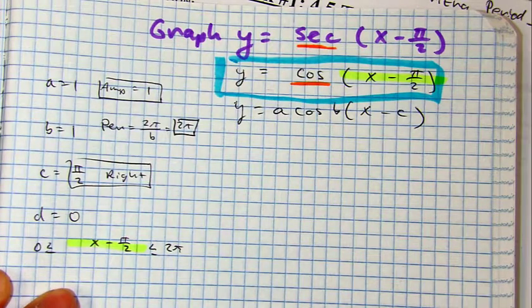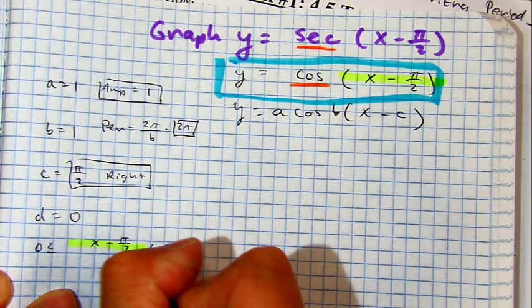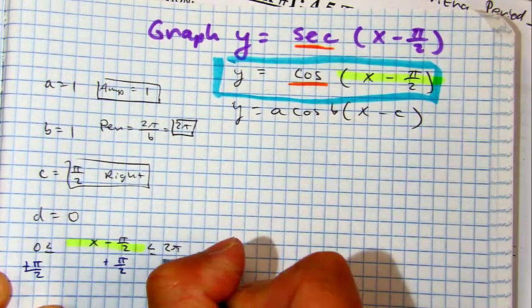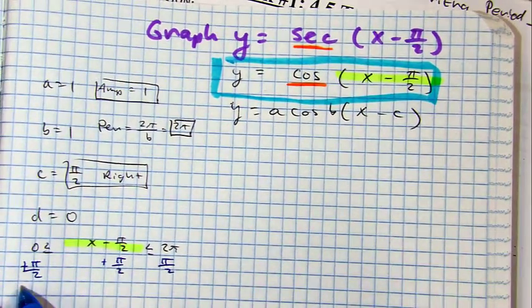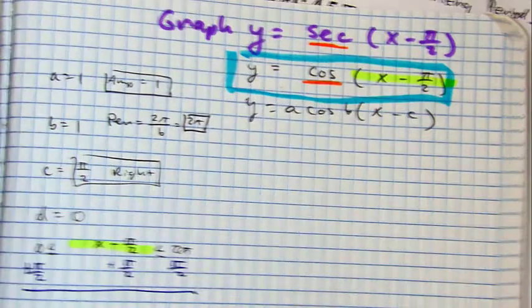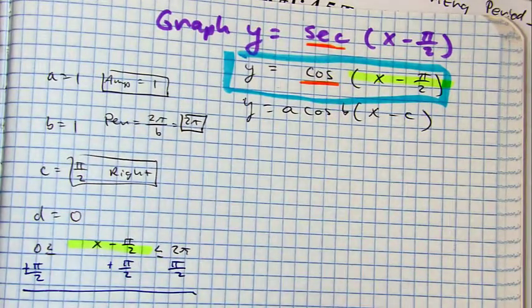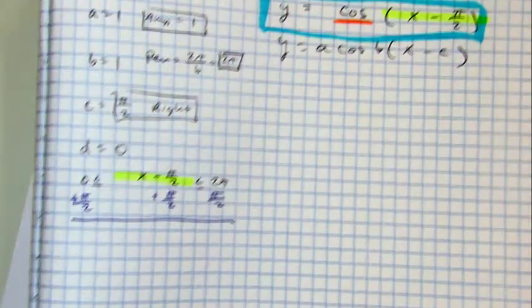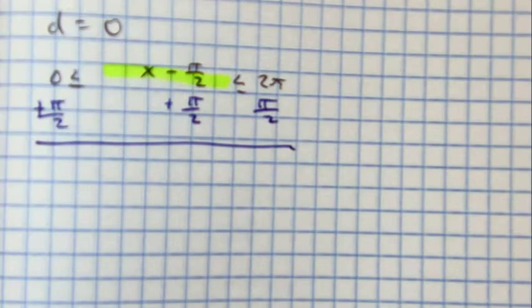We're going to add pi over 2 to both sides. Maybe 1 out of 4 students wrote 3 pi over 2. I'm laughing because I was on your quiz.